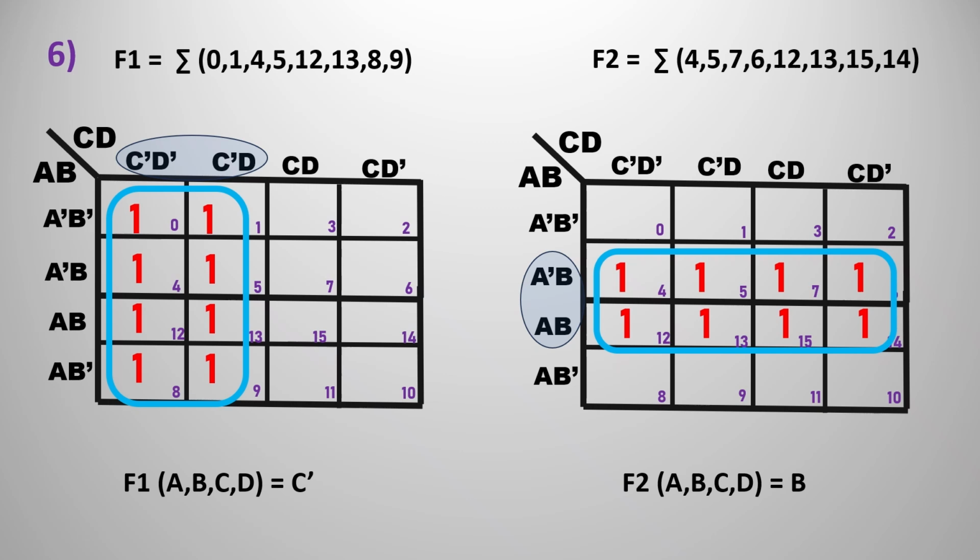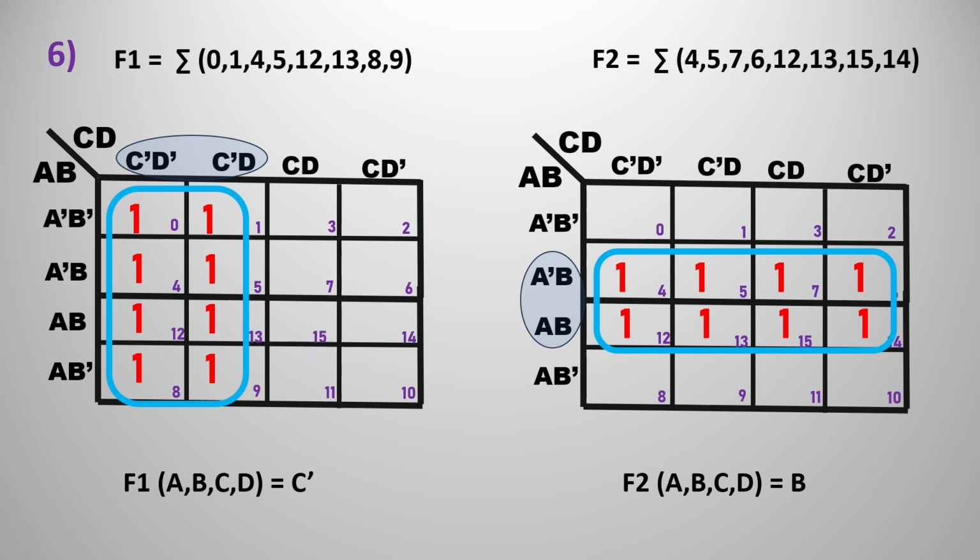For the F2 expression, the rows can be seen, but all column outputs are changing, so don't consider the columns. In the row, B is the only one not changing, so the output expression would be B. This is a big group of 8 elements. A group of 8 elements means a single final output expression, that is only C bar or B.